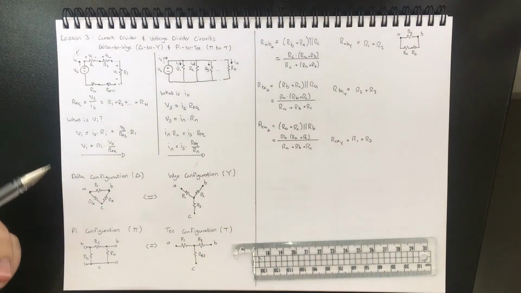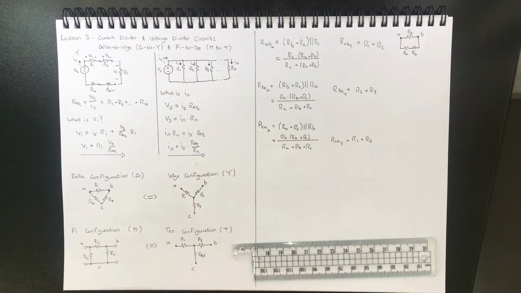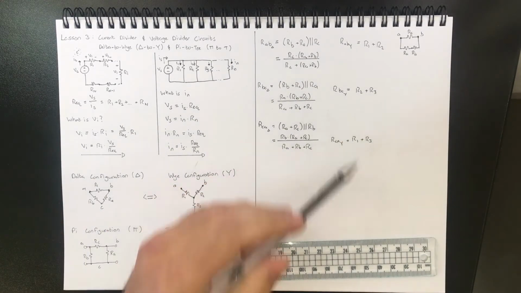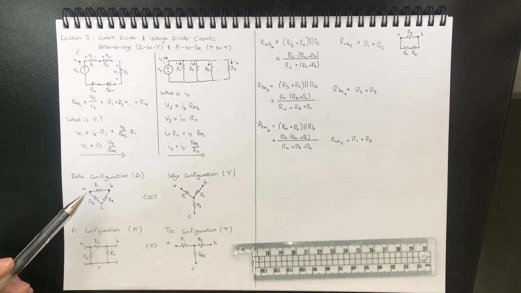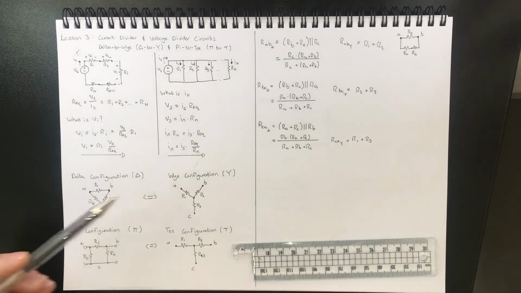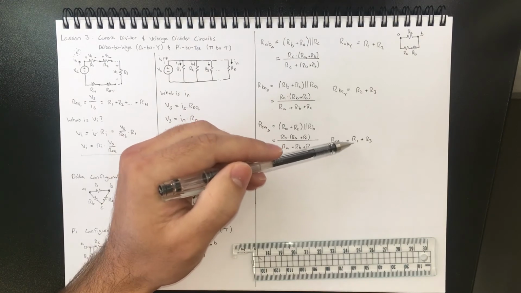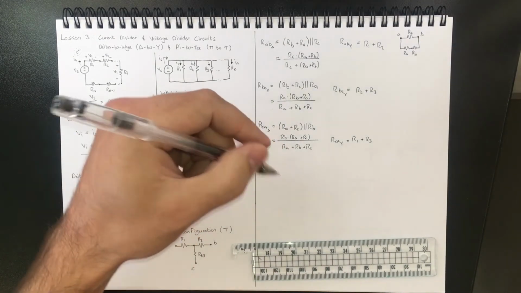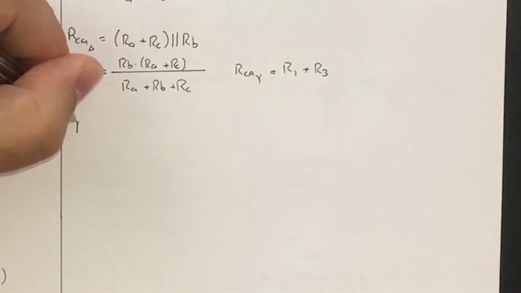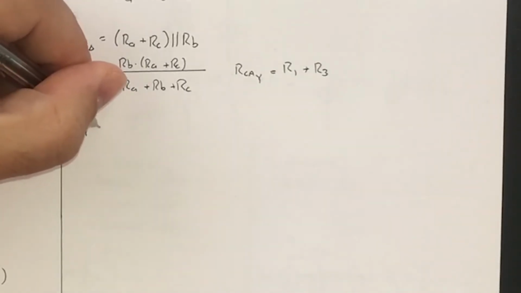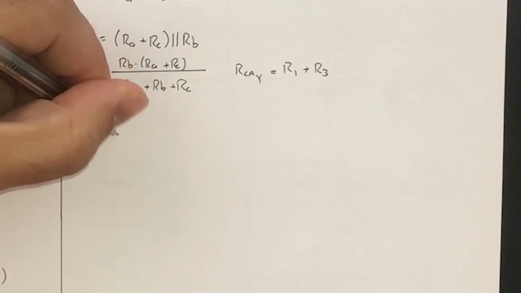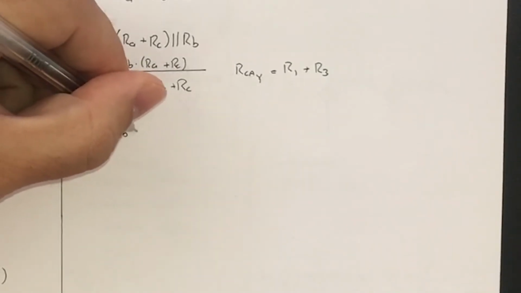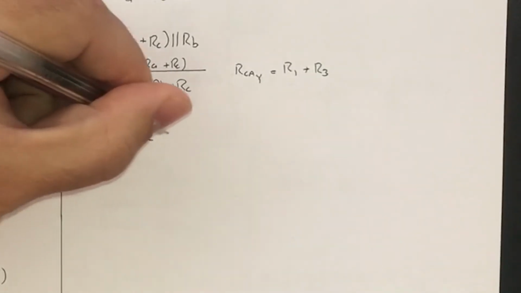Wonderful. Now we're going to do quite a little bit of algebra. Let's say that we wanted to know what R1 was, given that we know what RA, RB, and RC are. How do we get R1 in its own equation? So let's start off. We have R1 is equal to RAB minus R2.